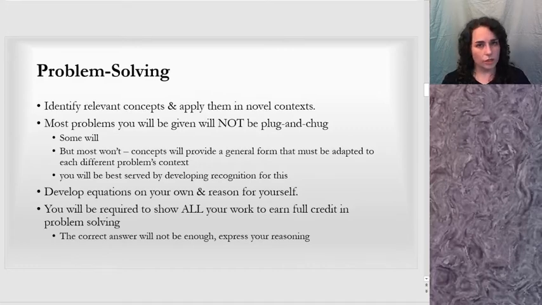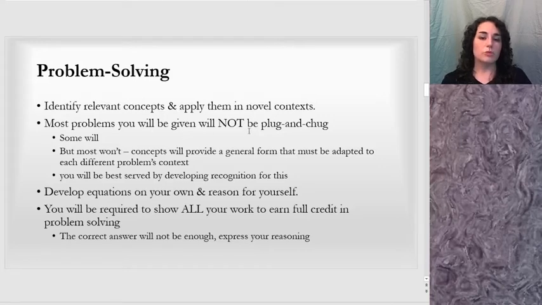That's how we know that you know physics: you can identify the relevant concepts for a problem and apply them accurately in a novel situation. It's not one you've seen before and practiced, but can you see a new situation where that concept applies, and apply it consistently?